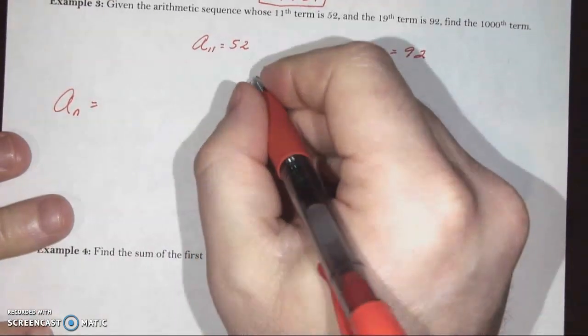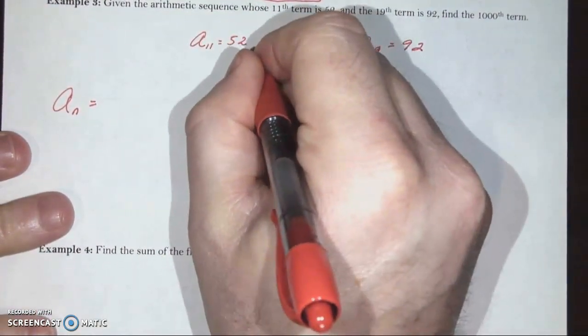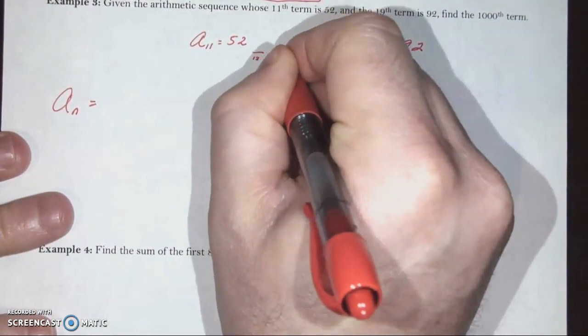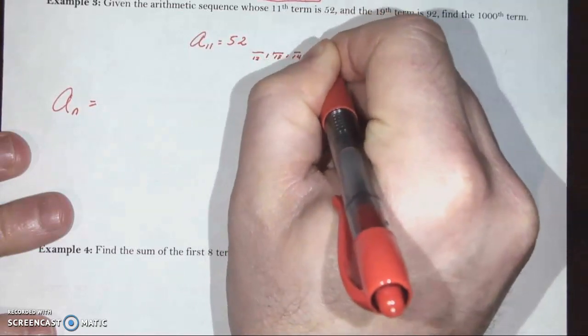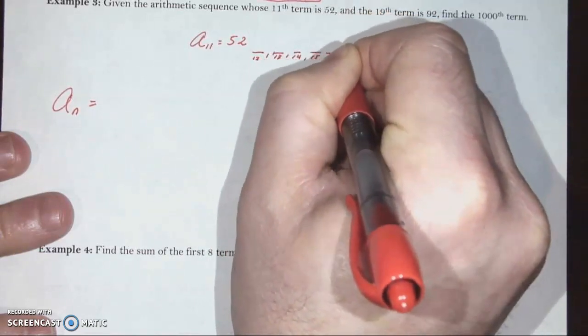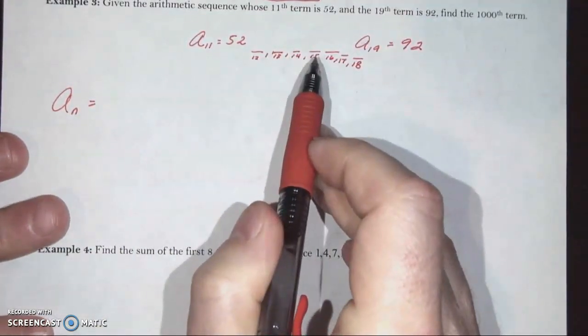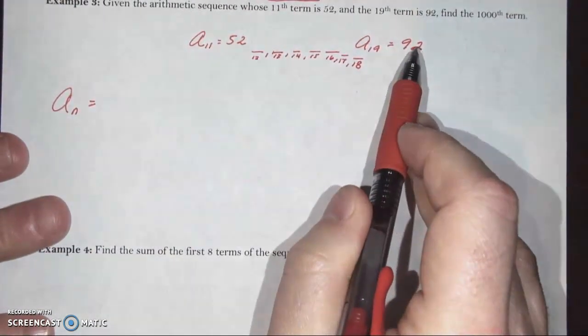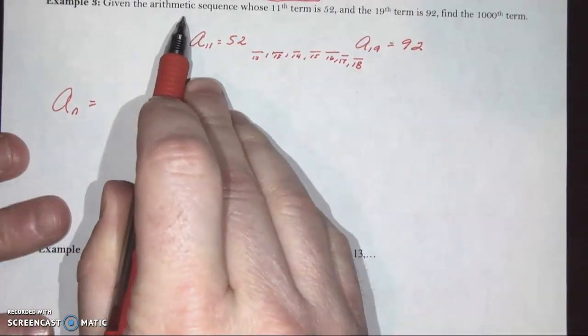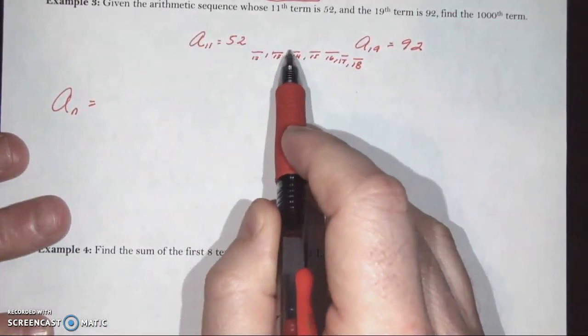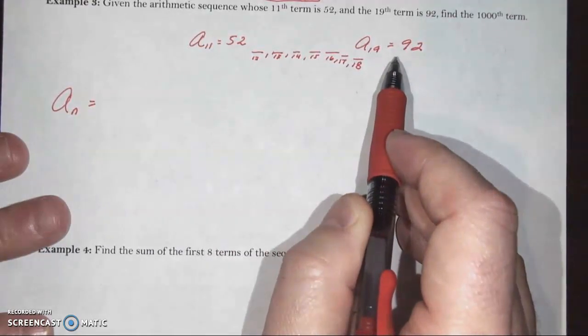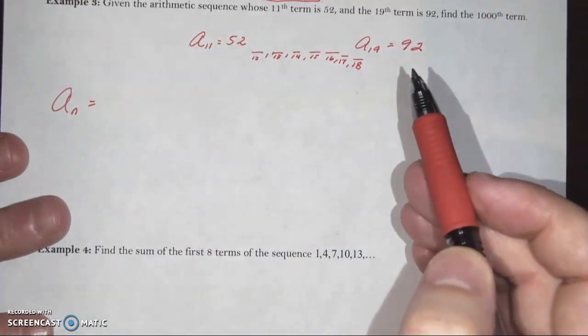So we have the 11th term, and then we have the 12th, the 13th, the 14th, the 15th, the 16th, the 17th, and the 18th term. These are like blanks. I don't know what those are. I do know the 11th and the 19th term. Since this is an arithmetic sequence, we know we're going to be adding the same amount each time. How many additions will we have?